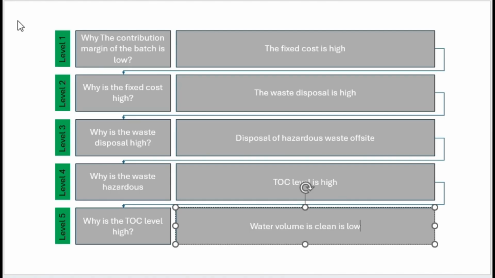Or maybe, okay, I'm using, let's say, 5,000 gallons to clean the reactor. Maybe I could use 10,000 gallons. Then you spend a little more on water, but your TOC level could be lower, and then it would be acceptable to send it to a treatment facility.